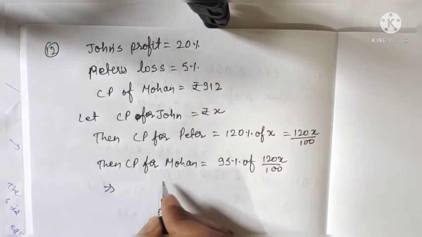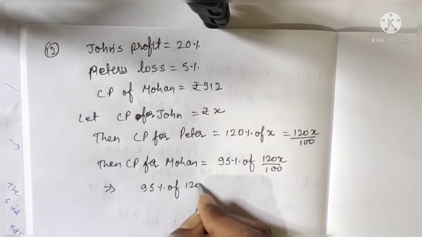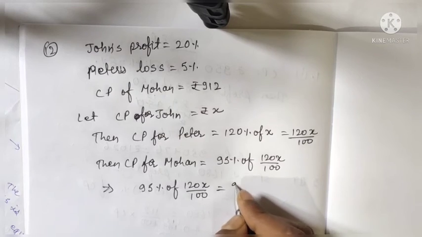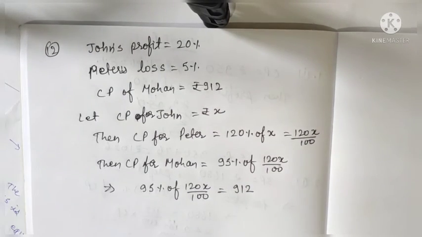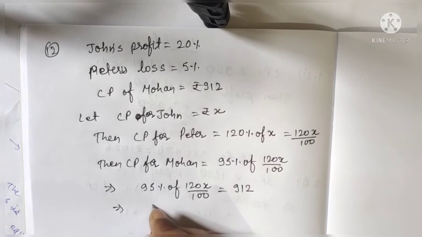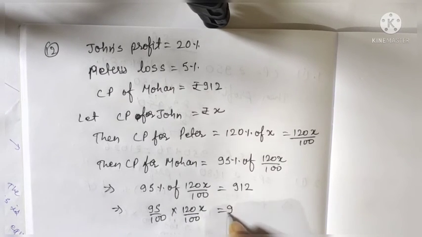That implies 95% of 120X by 100 is equal to rupees 912, which is CP of Mohan.